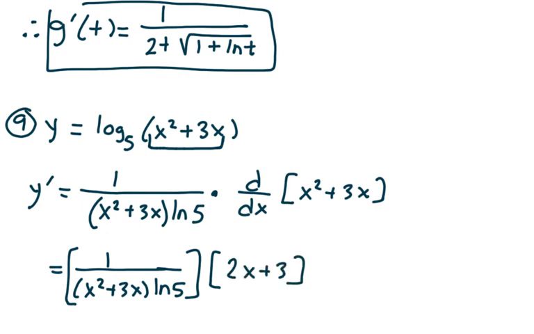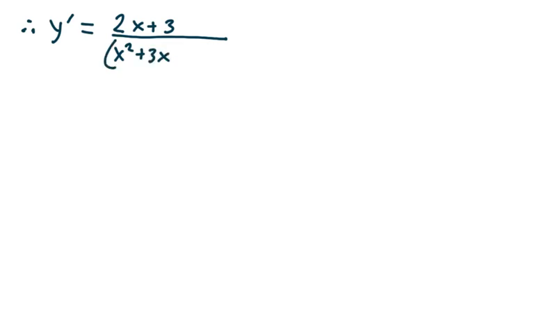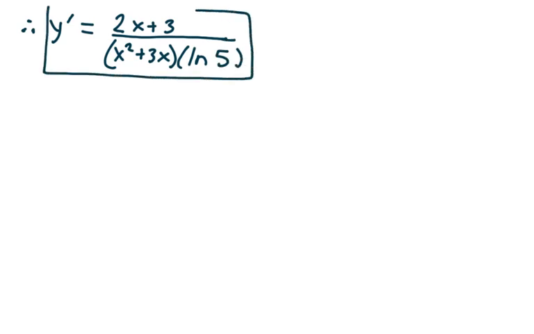And then I'm all set. So let's write down our final answer here. So y prime, this is example 9. This is 2x plus 3 divided by x squared plus 3x multiplied by natural log of 5. That's example 9. Let's take a look at number 10.